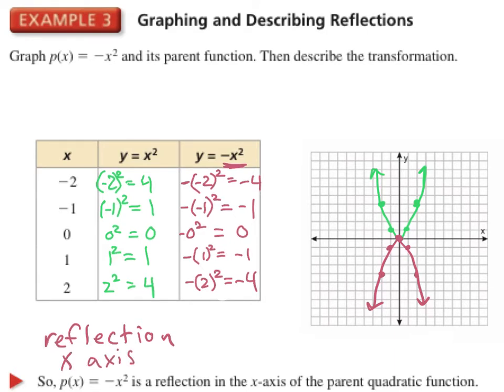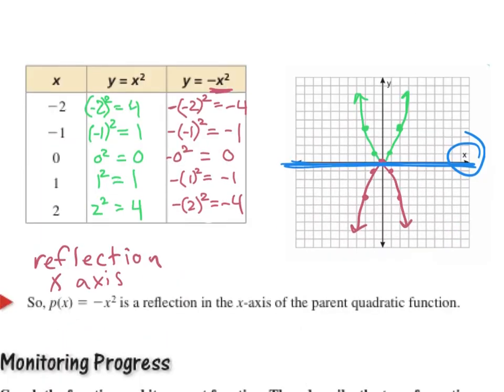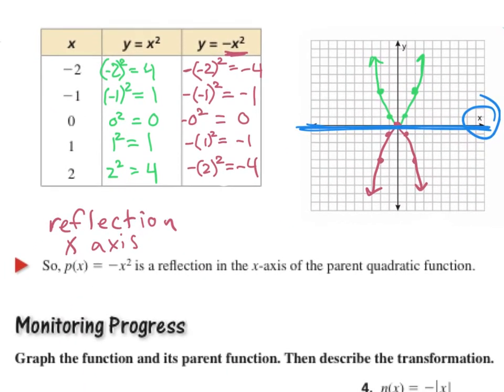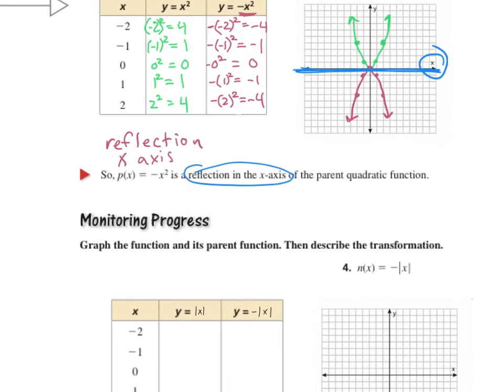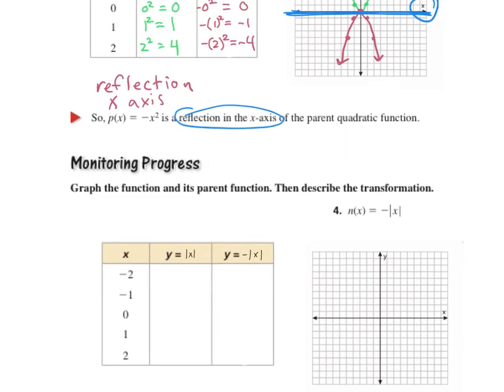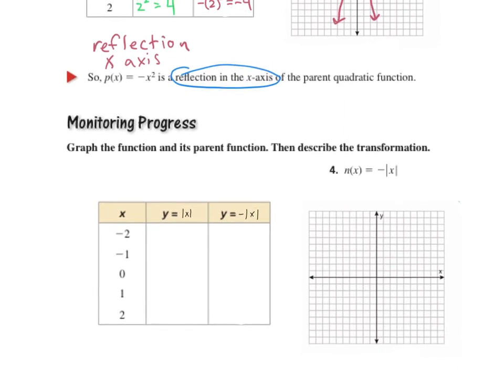So we can see here, our axis of reflection is going to be this line. So this is the x-axis. Any questions on that one? All right, let's move on to the next.